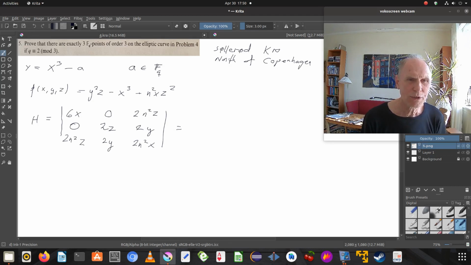So let's do it one step at a time. 24 x n squared x squared z. And we should be able to check the order. This is order 3, so they all have order 1. So the determinant should have order 3. Yes.